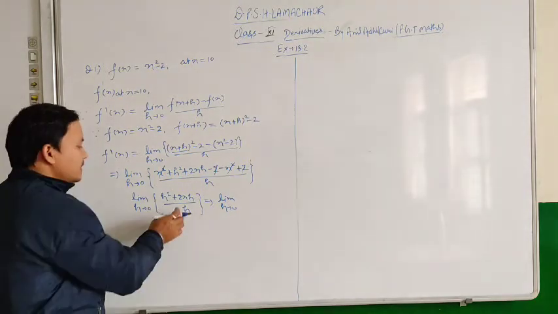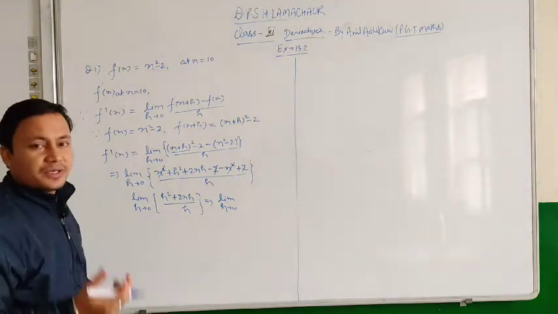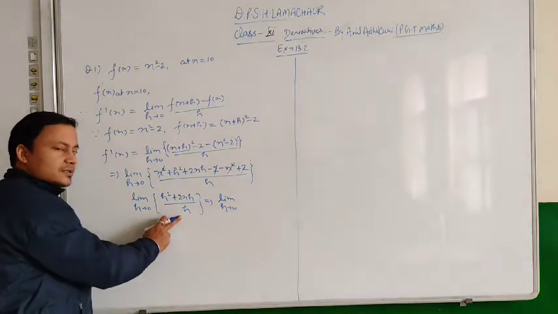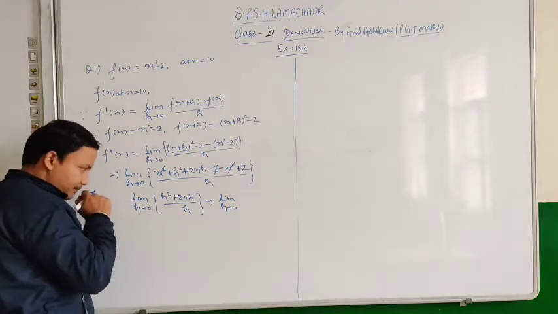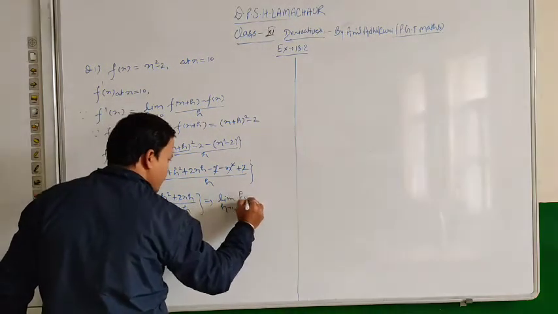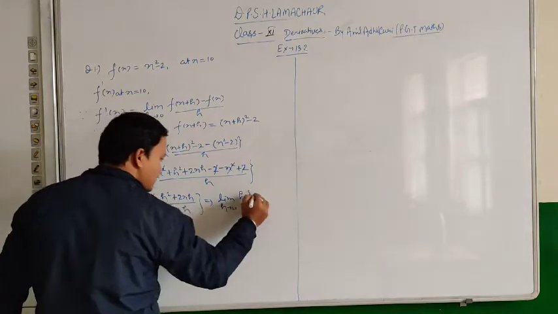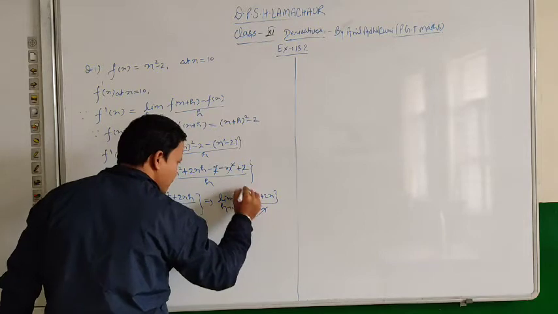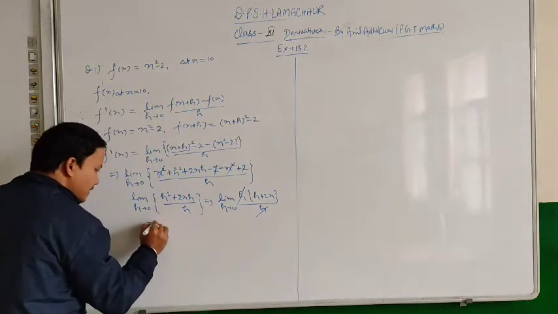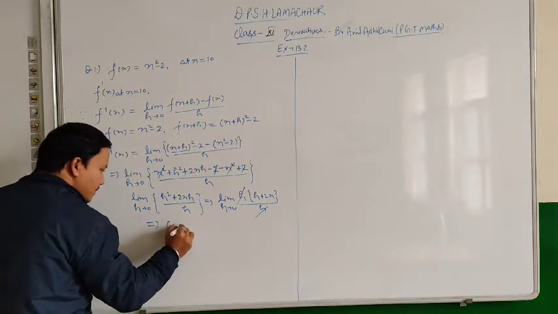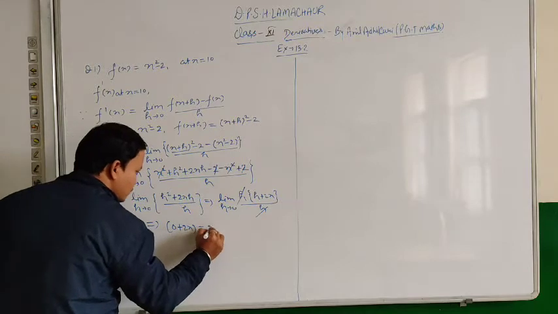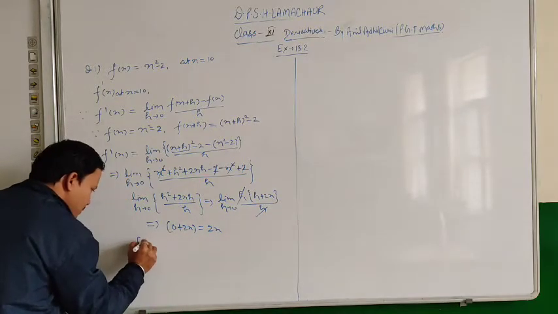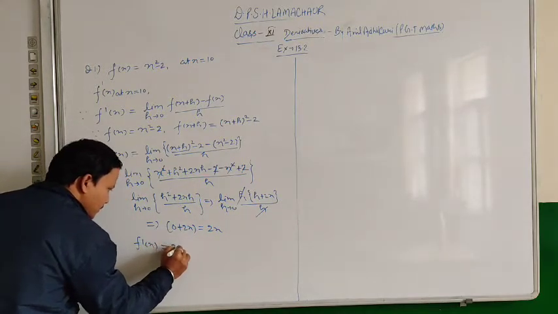So to reduce this indeterminate form into a determinate form, we have to cancel out this h in the denominator. So taking h common from numerator, we get in the numerator h plus 2x divided by h. So this will be cancelled out. Now on applying limit, we get 0 plus 2x, that is 2x. So the derivative of function is 2x.